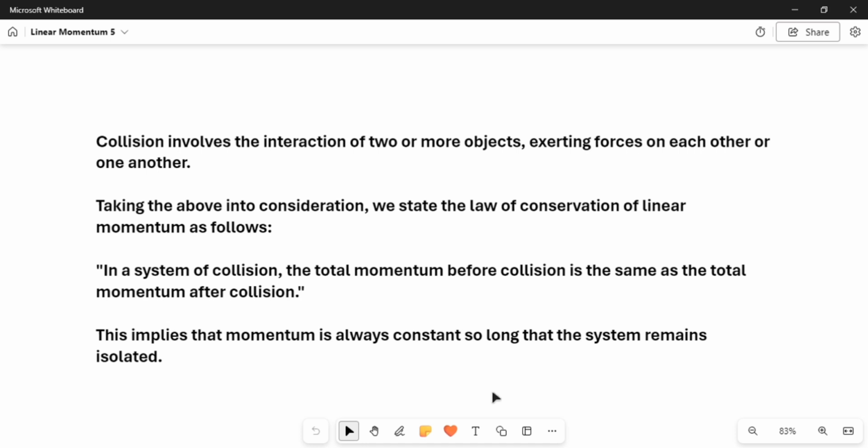Now let's talk about collision a bit. We'll elaborate on it later on, because you can't actually talk about the law of conservation of linear momentum without saying something about collision. What is collision? I have an object.